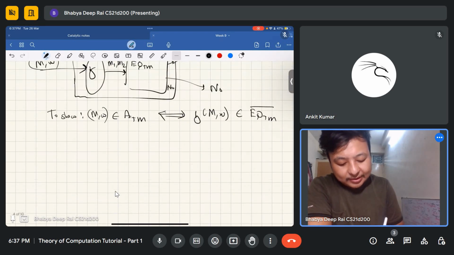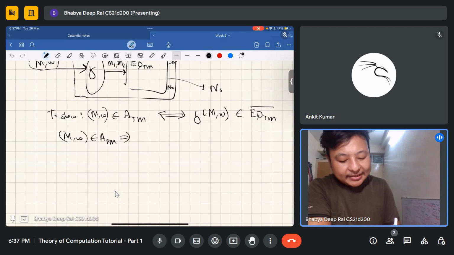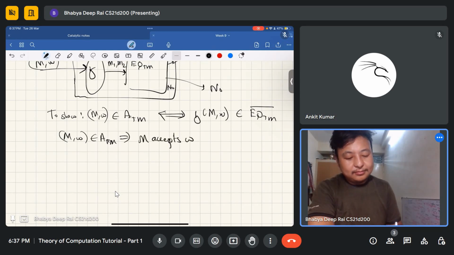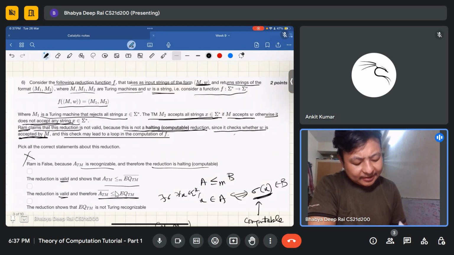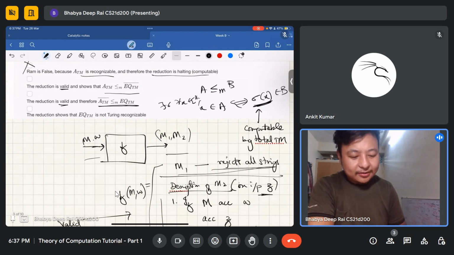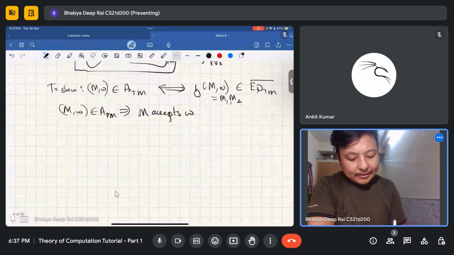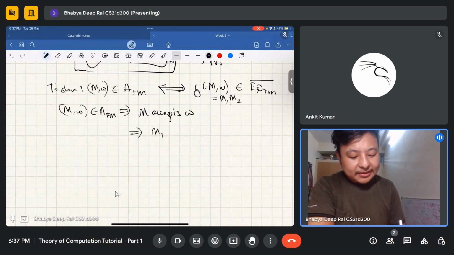We'll show this now. How? Because (M, w) is in ATM means that M accepts w, and f of (M, w) is nothing but M1, M2. Now, if M accepts w, then what happens? M1 is always defined to reject all strings, so M1 always rejects all strings.